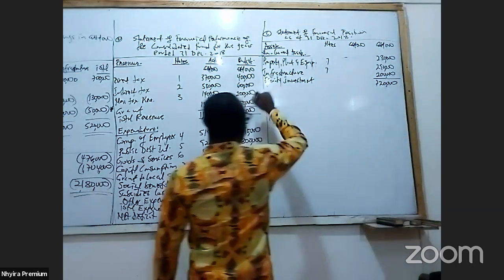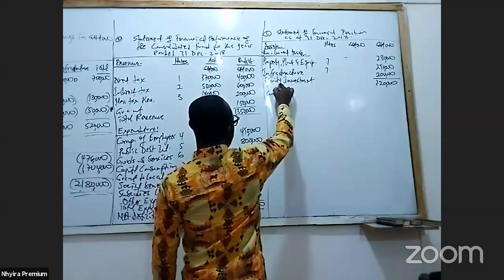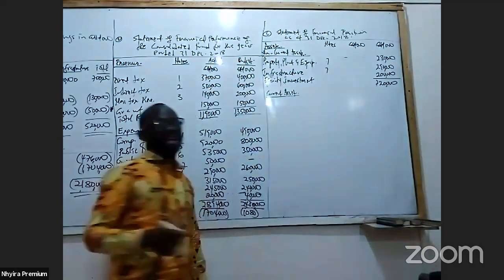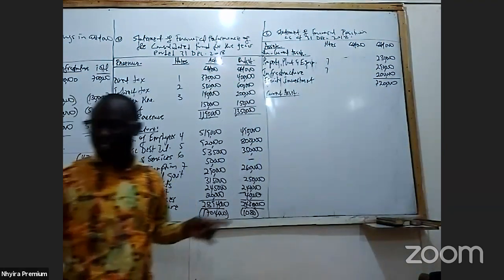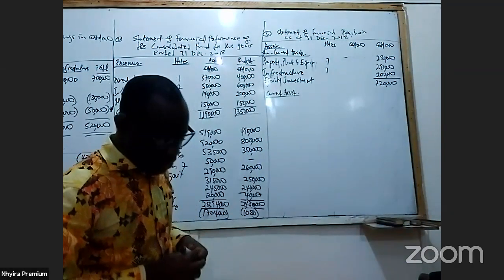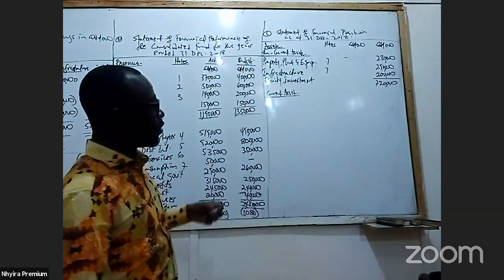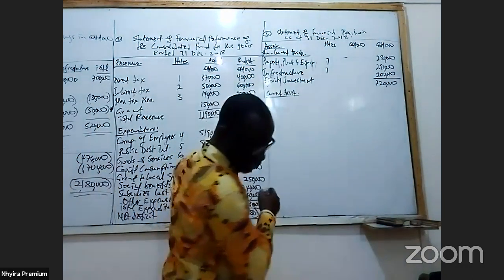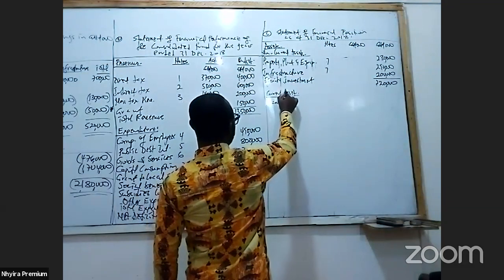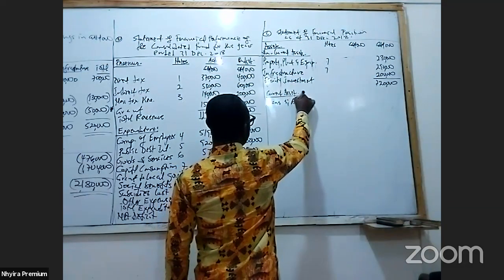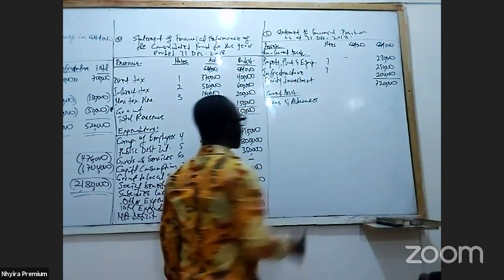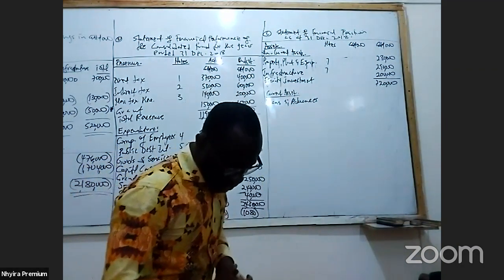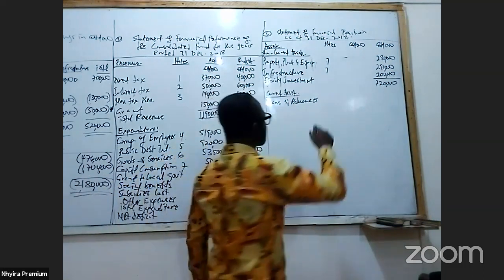So let's bring our current assets. We're going to have the loans and receivables, sometimes it's loans and receivables or loans and advances. We didn't do any workings for that, so we bring it up straight. That's 90,000.